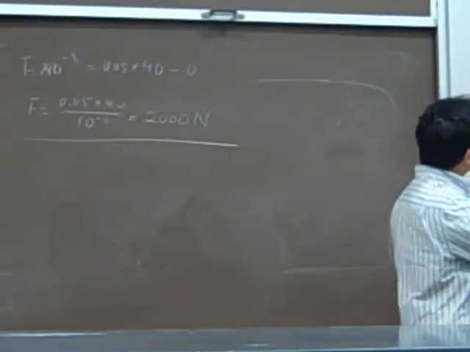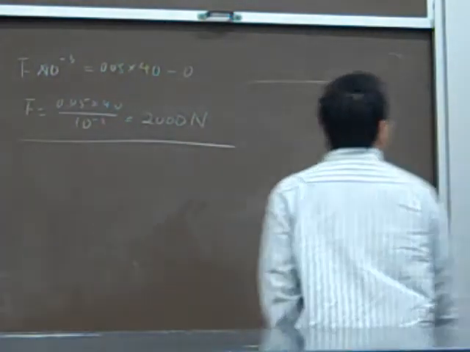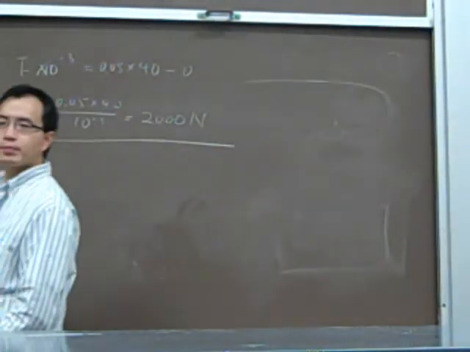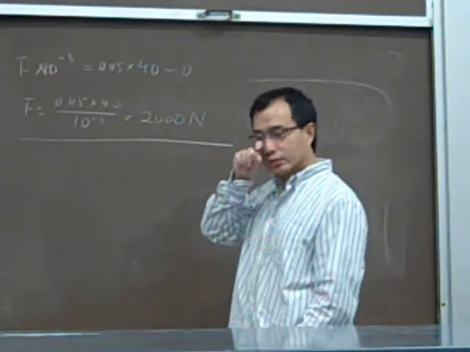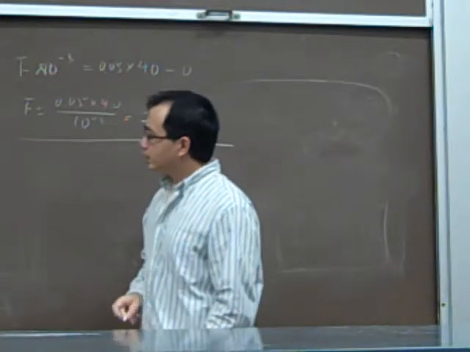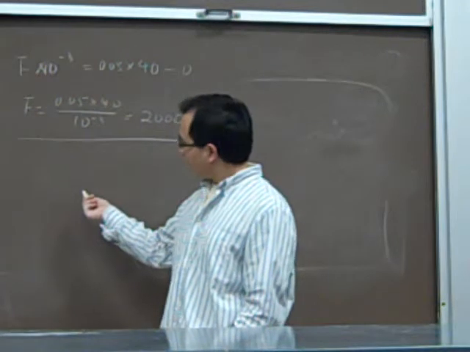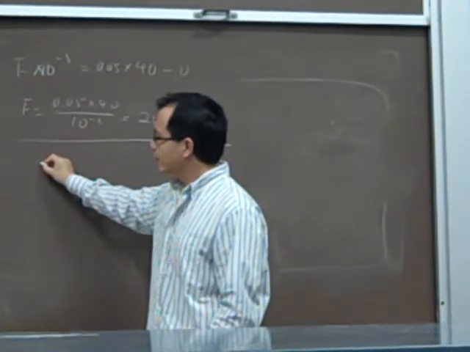Now, the next question: we are going to find out the distance moved by the board during this process. So how can we find the distance? One way you can try: I'm trying to calculate the distance, so can we do this?